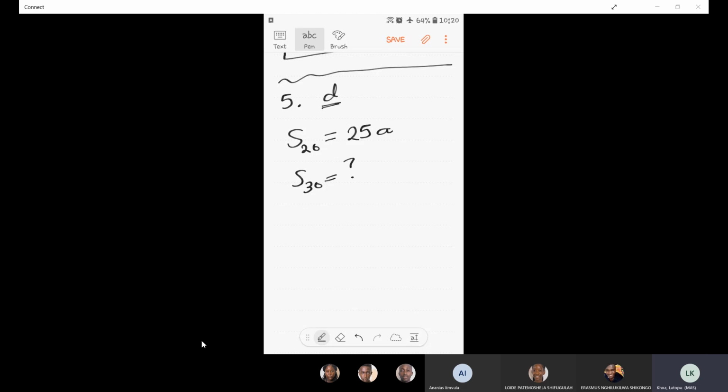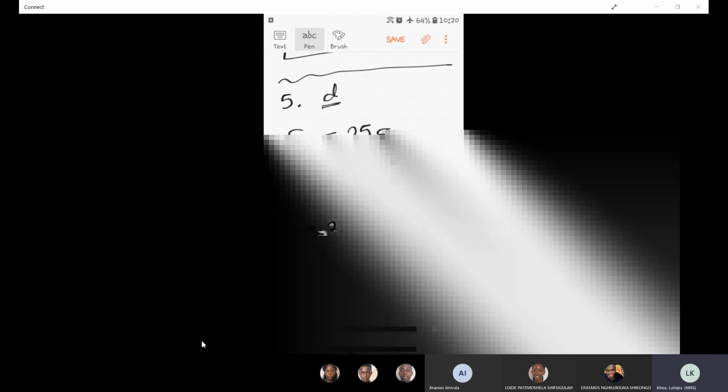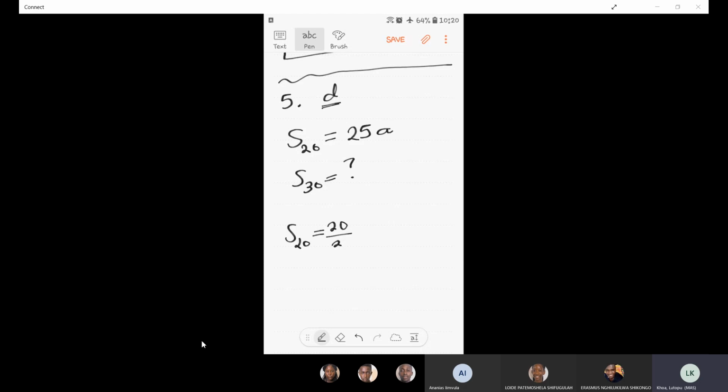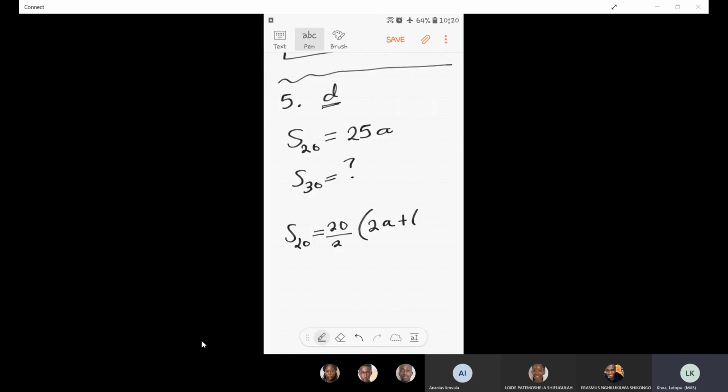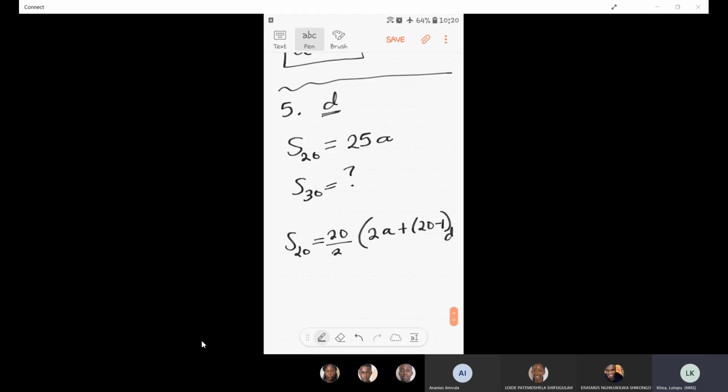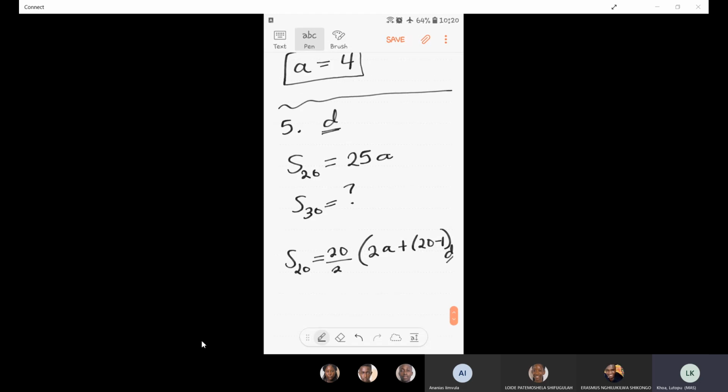Now we want to work out what the value of S30 is. So S20, we can write down as 20 divided by 2, and then here we have 2 times A plus n minus 1, this is 20 minus 1, and then D, which we are not told. So we have to give our final answer in terms of D.